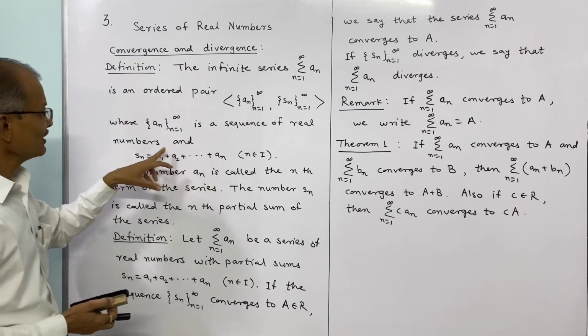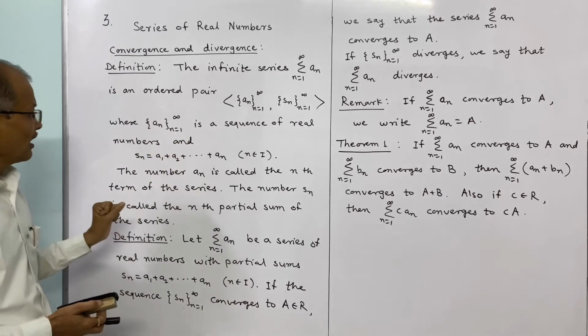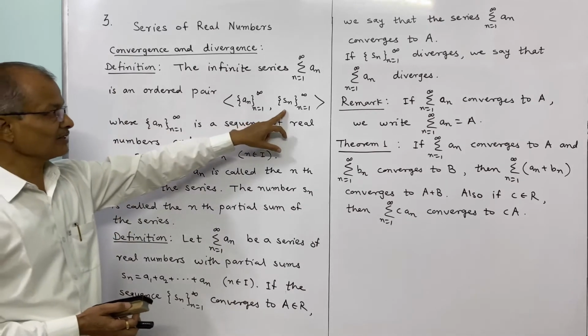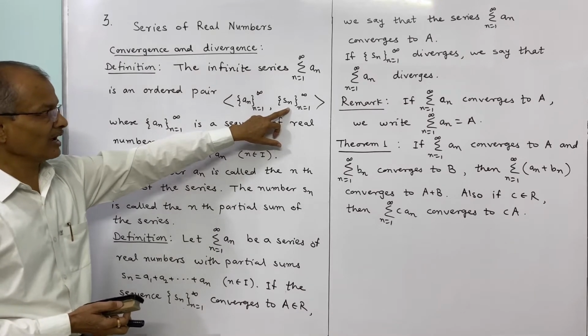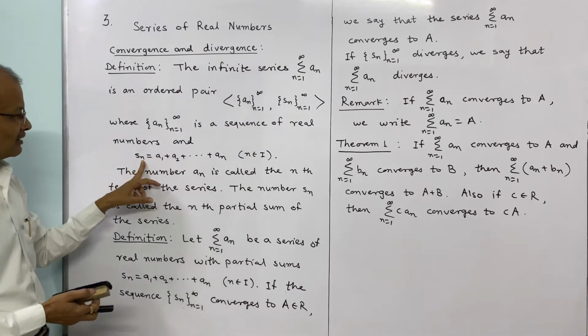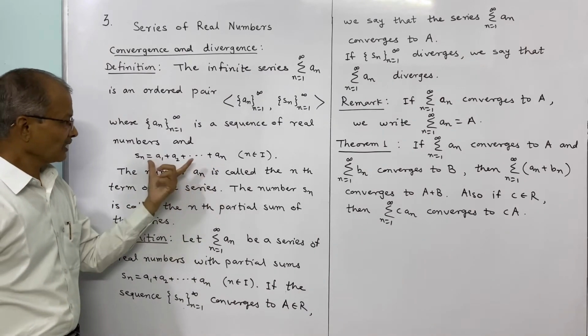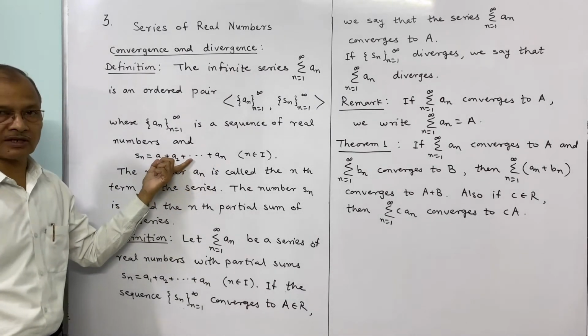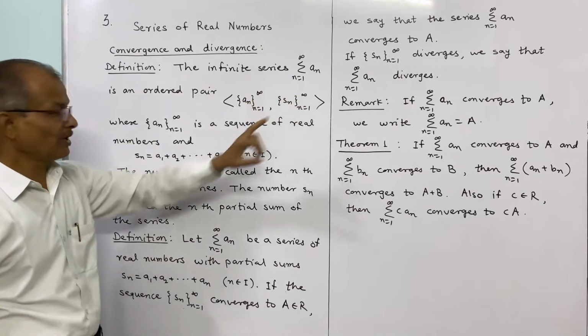That is a sequence of real numbers, whose terms will be a1, a2, etc. And the second sequence is Sn, where Sn is a1 plus a2 plus so on up to an. That means the sum of first n terms of this series, sigma an.